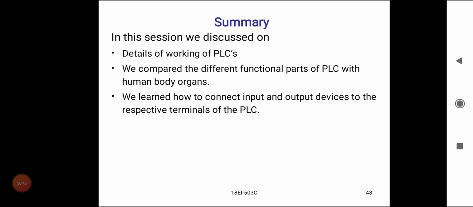Based on the input signals, it processes the signals, takes the decision, and delivers the output signals to the hands and legs. The interfacing device is the mouth. It is a communication port, a communication interface.